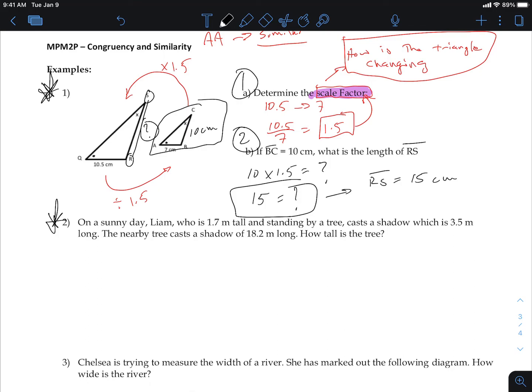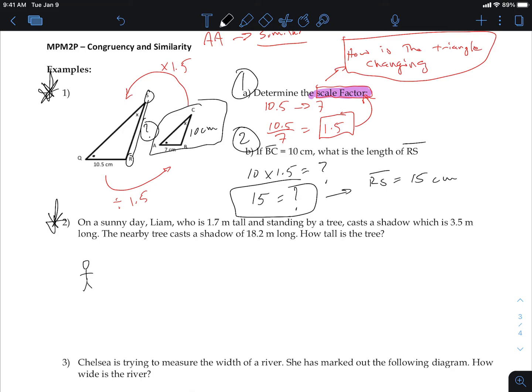First things first though, when I read a word problem like this, I like to depict the word problem using pictures. Okay, so on a sunny day, Liam is standing by a tree, okay? And he casts a shadow on the ground that's 3.5 meters long.